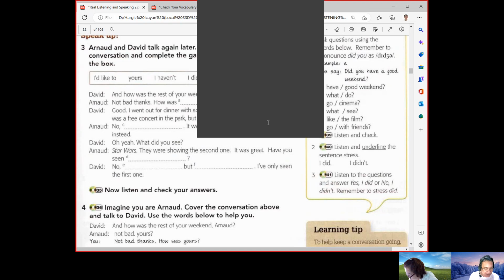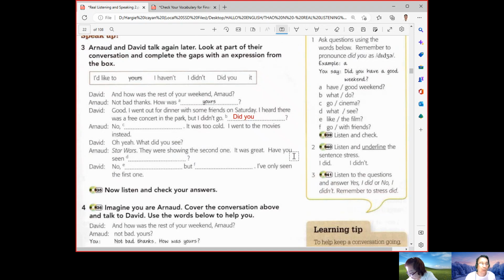So, did you? Okay, why is it did you? Again, going back to our lesson last time, on the first lesson that we had, right? If we have a negative statement like, but I didn't go, so this one is a negative statement. Therefore, the question should be in the positive.